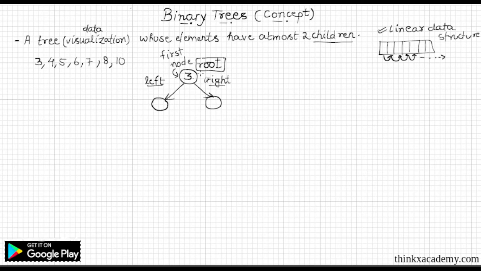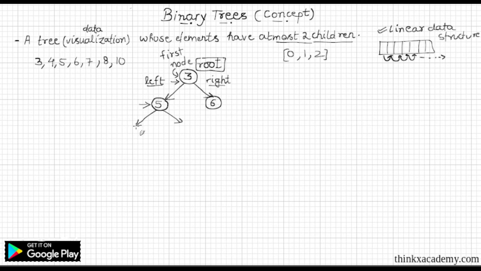So this means that this root node has two children. That's the reason why I am drawing them below it. Let's suppose I am adding 5 and 6 here. This node can have at most two children, which means a node can have 0, 1 or 2 children.